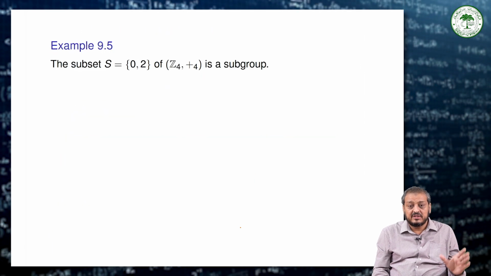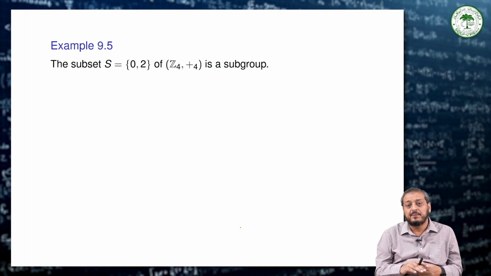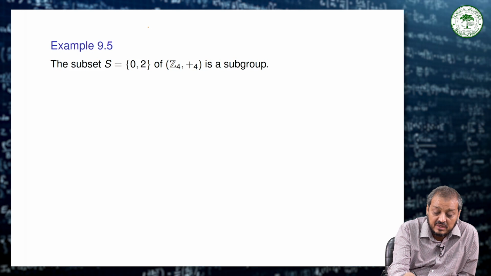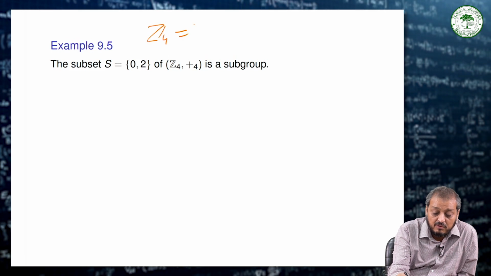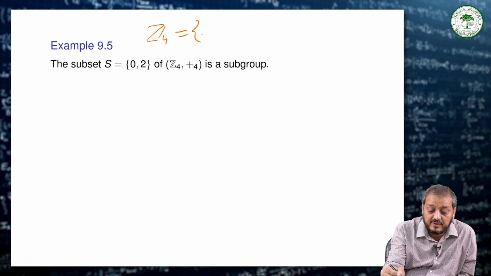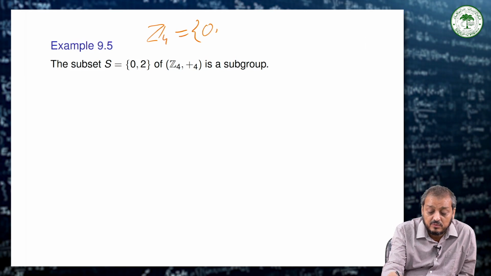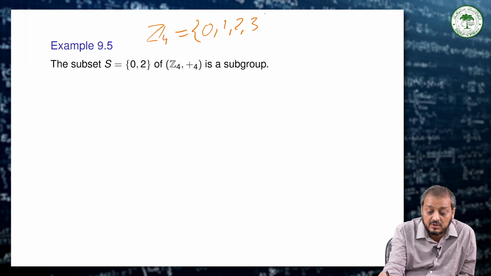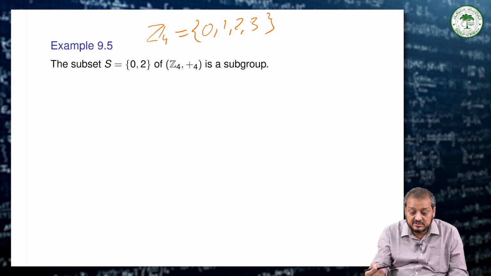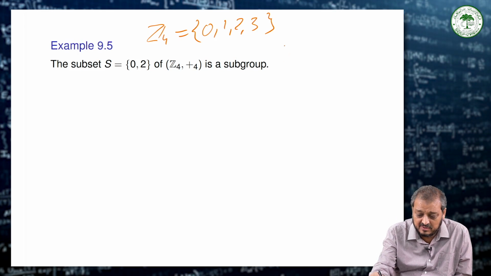So the next example, we have two very interesting examples. We take Z4. You know that the elements of Z4 are equivalence classes, but I will write them without the square brackets. So we have 0, 1, 2, 3, and this is clearly a group under addition modulo 4.